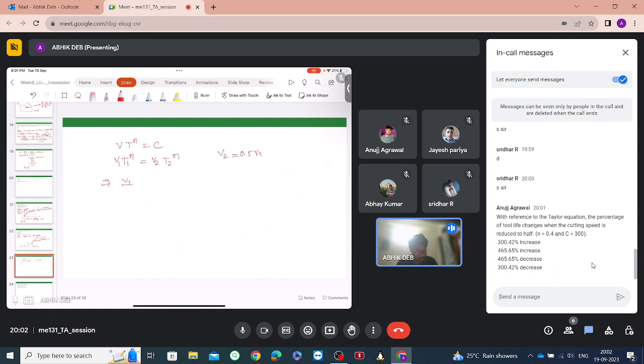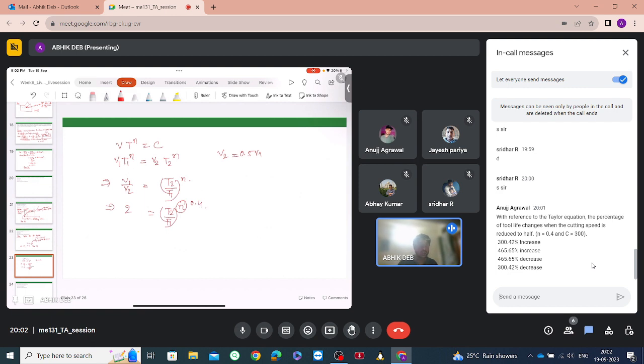So V1 by V2 is T2 by T1 to the power n. V1 by V2 is 2. So 2 is T2 by T1 to the power of n. n you have given as 0.4.